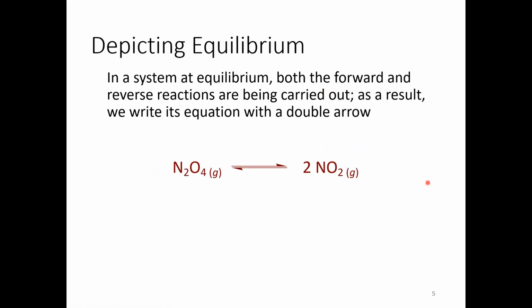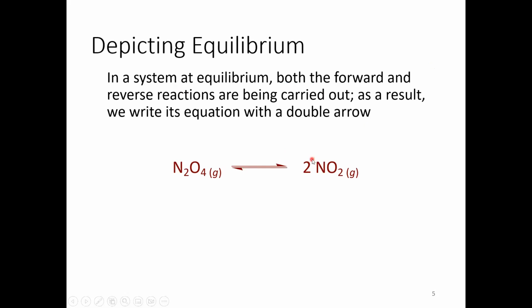And then with the reaction itself, when we write the chemical equation, typically we've only seen them go in one direction, so we just have that one directional arrow. But when we're looking at reversible reactions, so reactions that can go in both directions, that's when we use the double arrow, and specifically when it's at equilibrium, because now we're representing that both of those rates are equal.